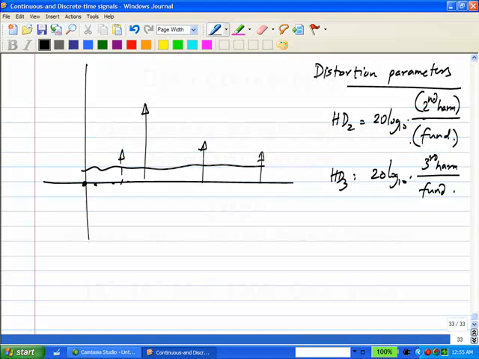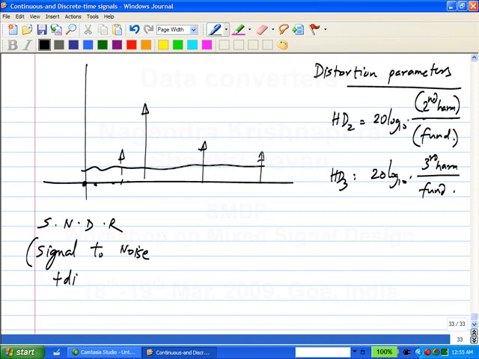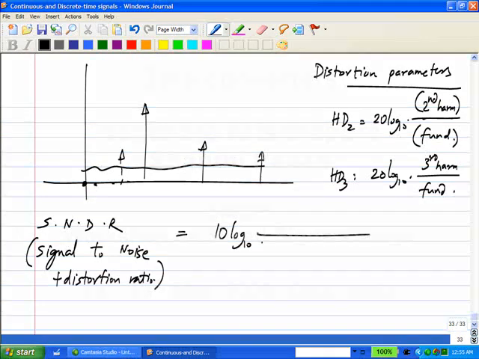Now there is also something known as the signal to noise and distortion ratio, SNDR. For this, what you calculate is basically 10 log 10 of the fundamental signal square divided by the sum of everything else squared, everything excluding the fundamental.